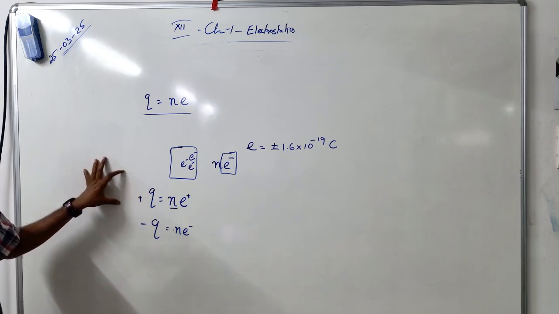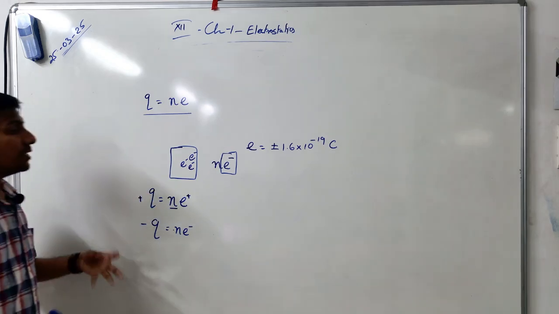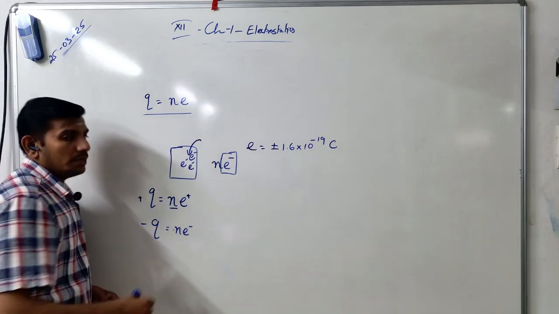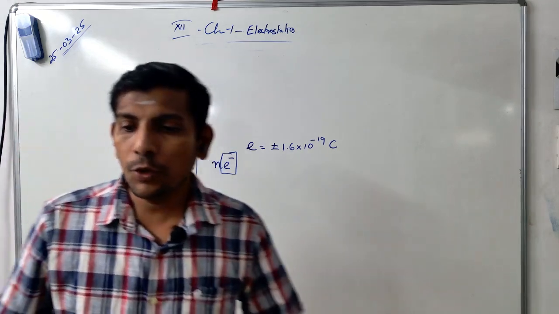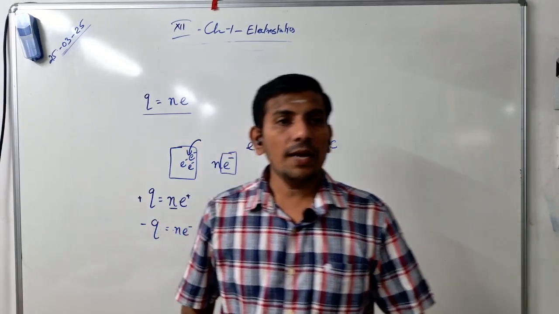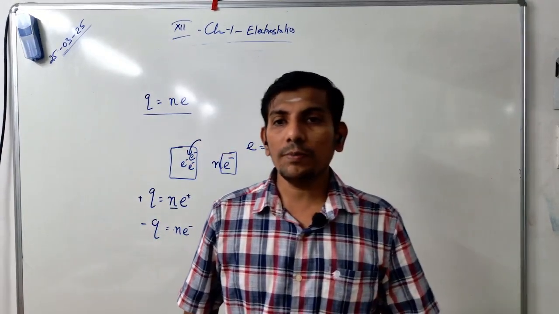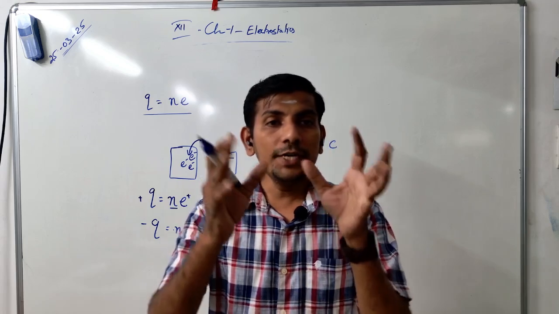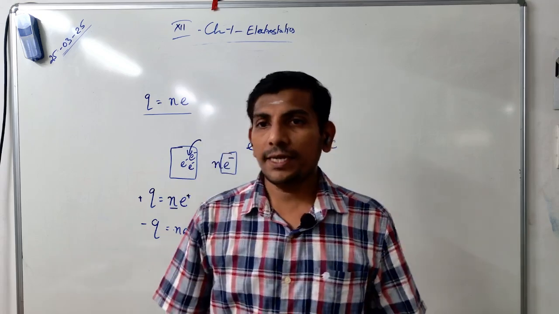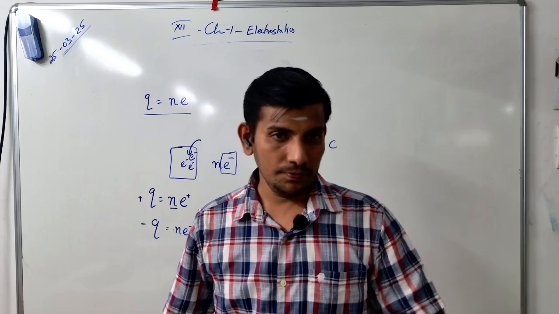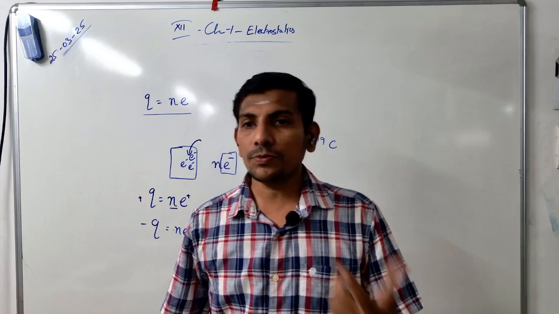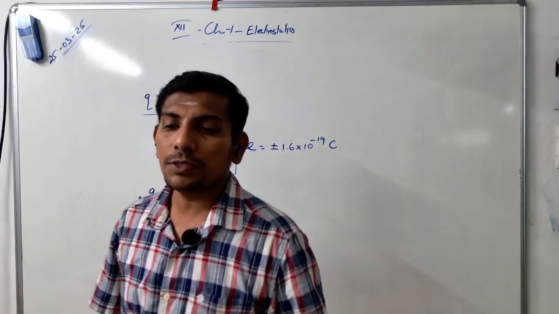And this quantization of the charges tells us that in any increment or decrement in the charges, if it is going to take place, that increment and decrement is going to take place in a unit value of 1.6. It cannot be any value in between. So it is a discontinuous process. It cannot be continuous.